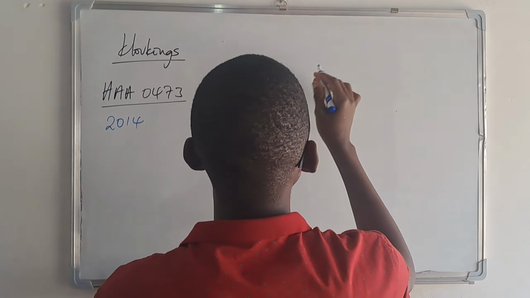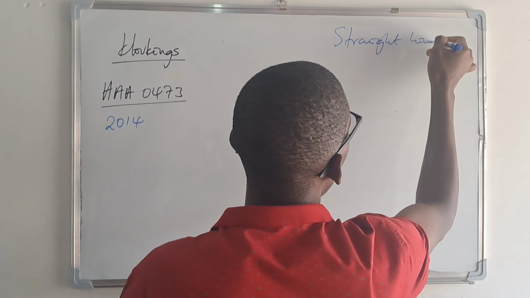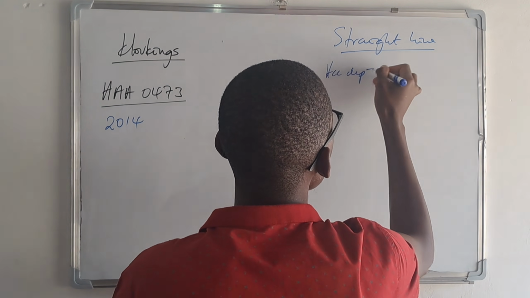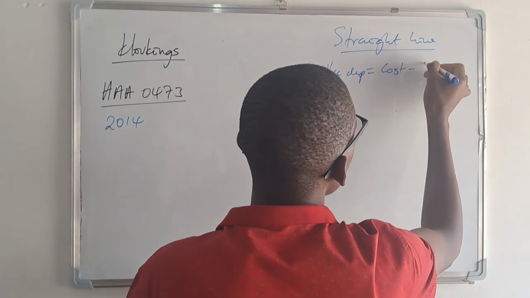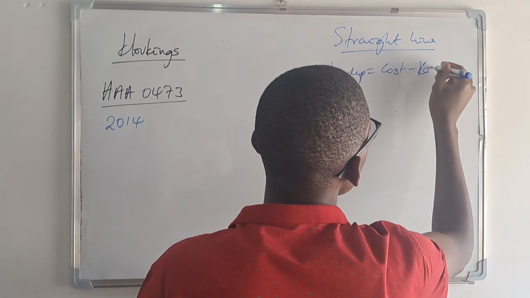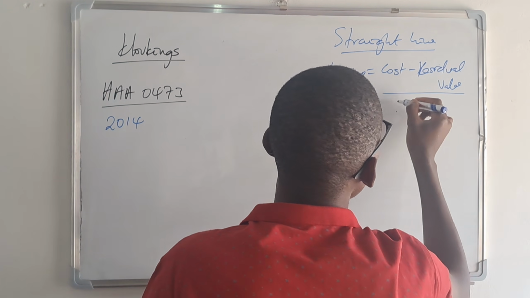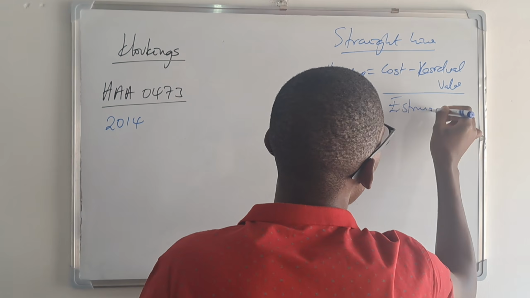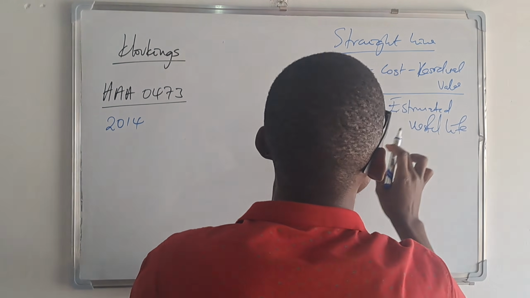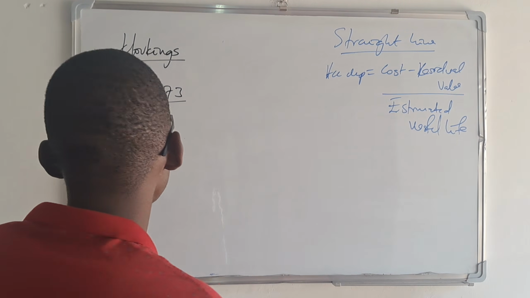When you are calculating using the straight line method, remember the accumulated depreciation is equal to the cost minus residual value over the estimated useful life. This is how we calculate using the straight line method, the formula.